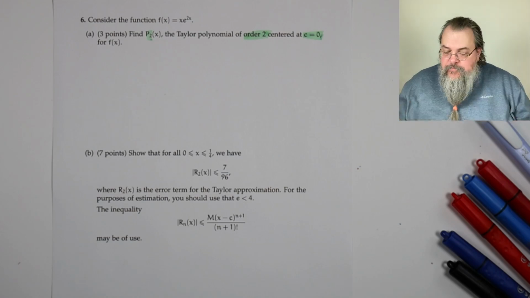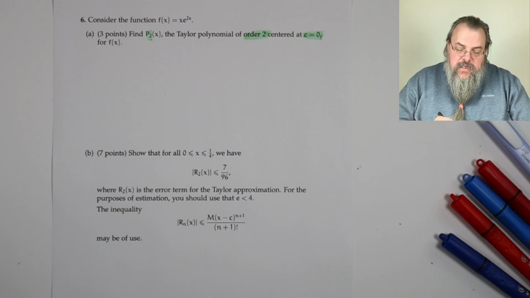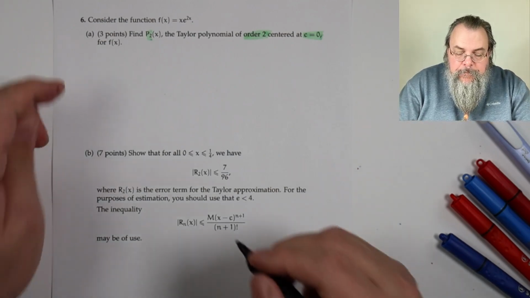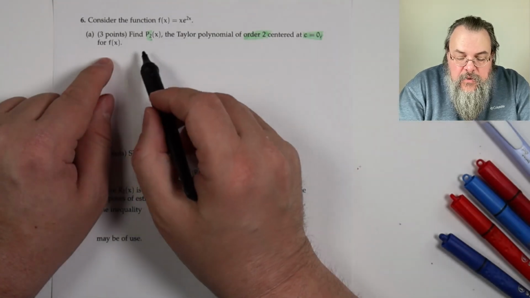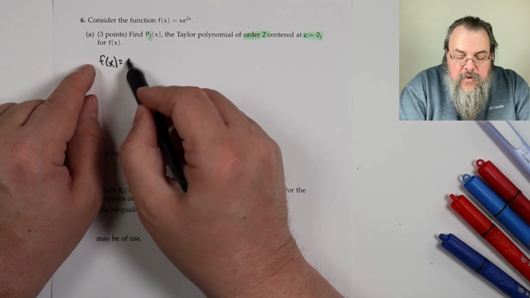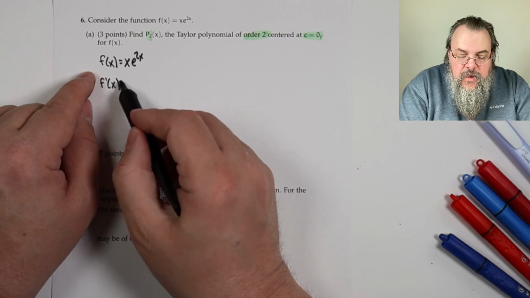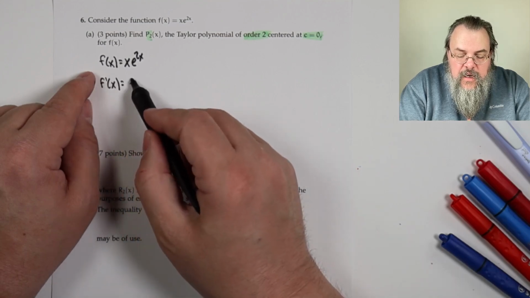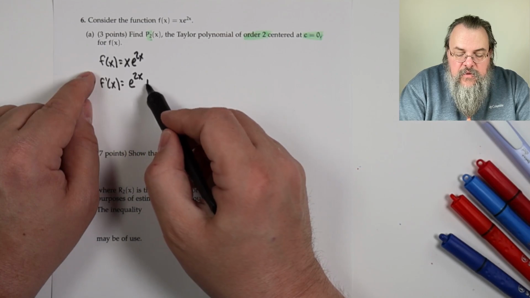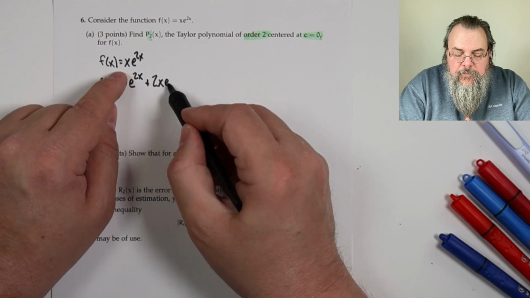Okay, so here we go. Now, we're going to do the following. We have our function, and so we need to find our first derivative, so product rule. Derivative of the first is 1 times the second, plus the first, x, times the derivative of the second, which will bring a 2 down.